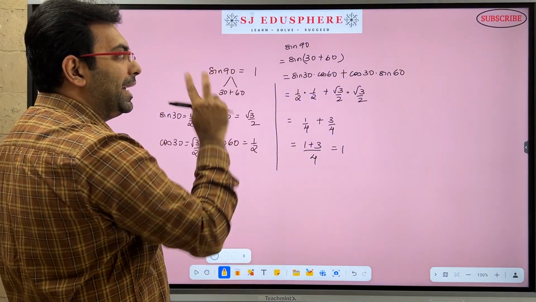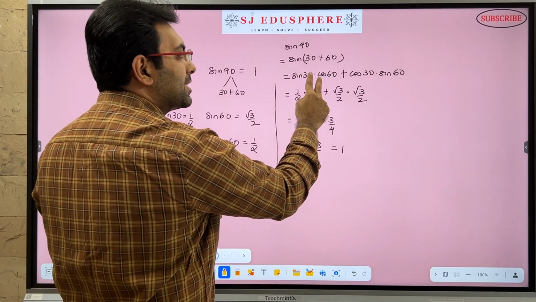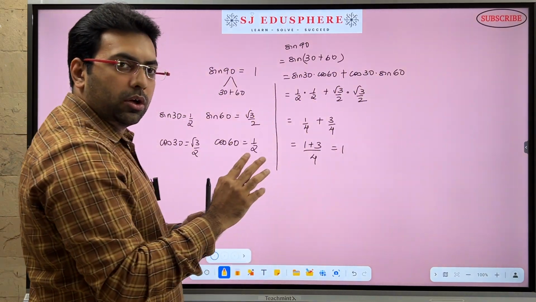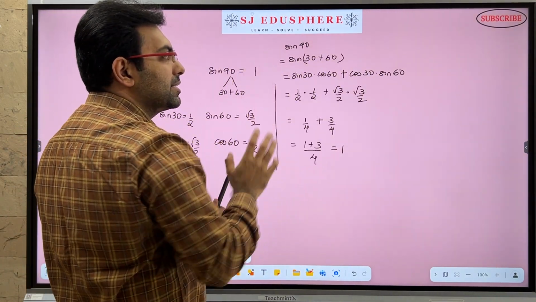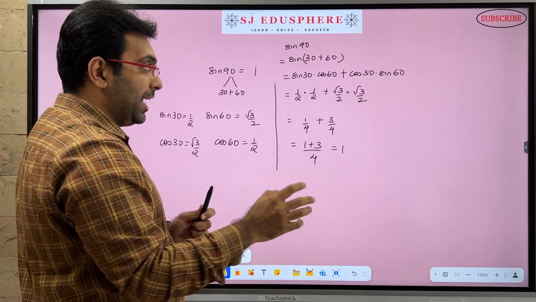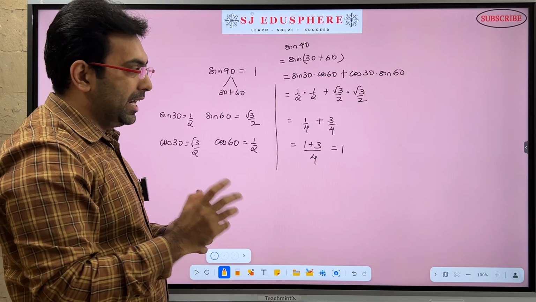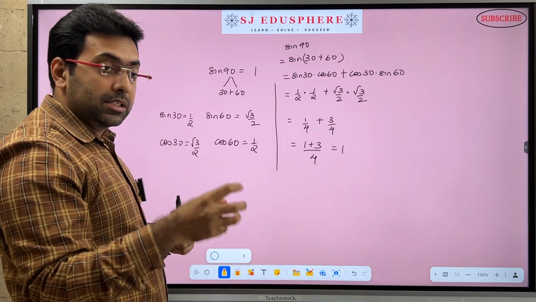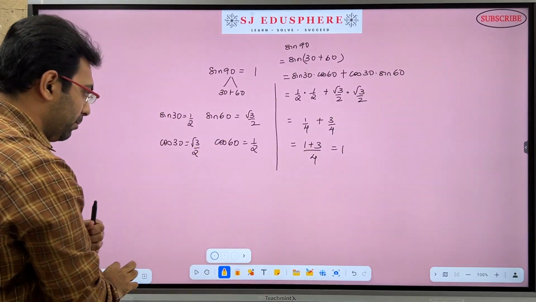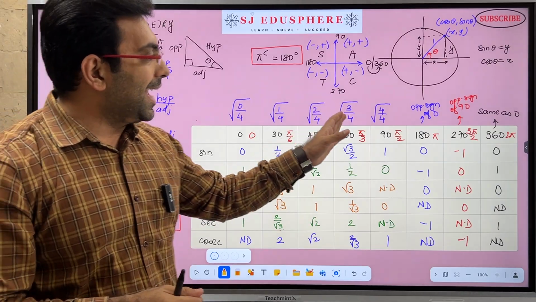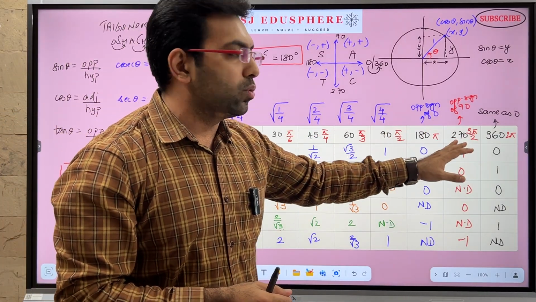So sine maintains a balance with one sine, one cos, one sine, one cos. If I give it a plus, it will take a plus. So hence I am expressing sine 90 as a sum of two values. Why am I doing this? Because in this formula sheet, students, we've got 90 to 180, 180 to 270.